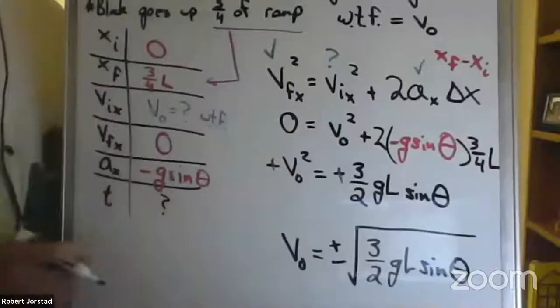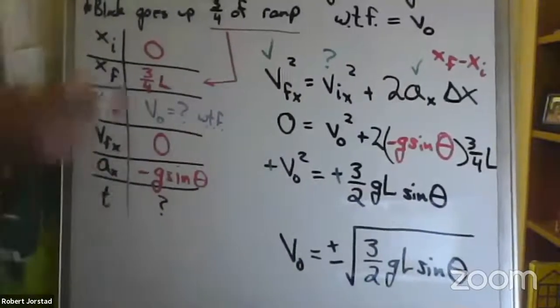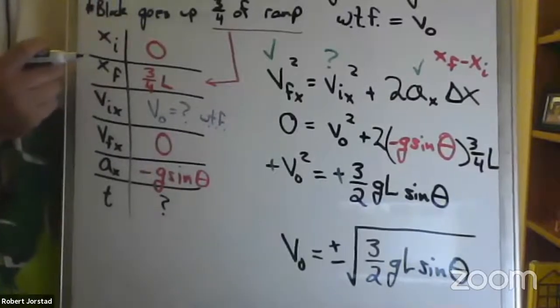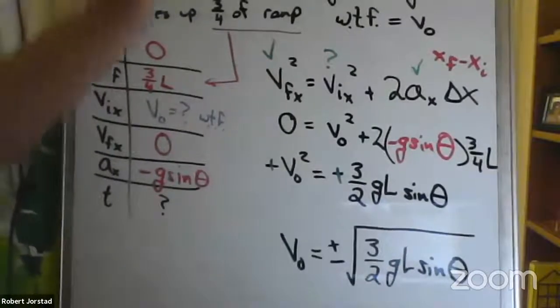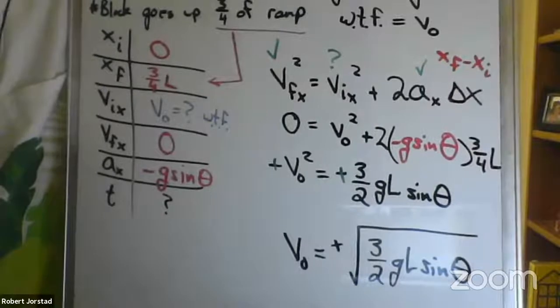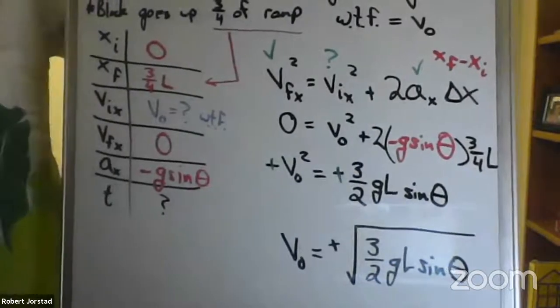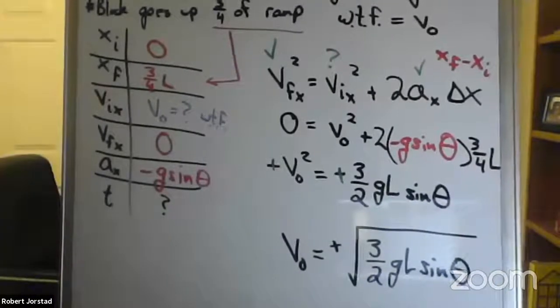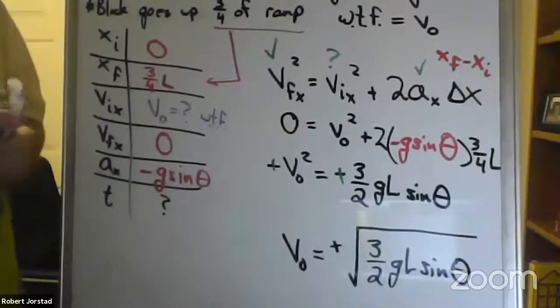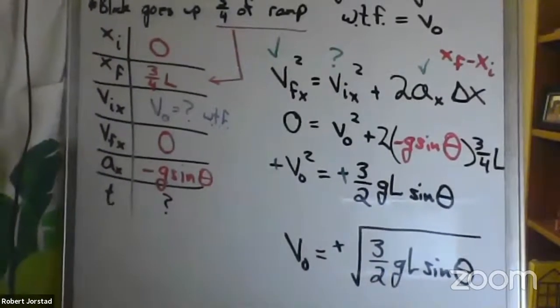Plus or minus. Always be thinking about it. Sometimes the minus sign matters. In this case, what do you think? It doesn't because it's going up the plane. Exactly. It's initially going up. We should probably just keep the plus sign. So it didn't matter in this case, but this is a very common minus sign. Sometimes it's actually there. Nice job too, all of you. Good job in the chat as well. All right. So just kind of giving you an idea there. Any questions about that process?